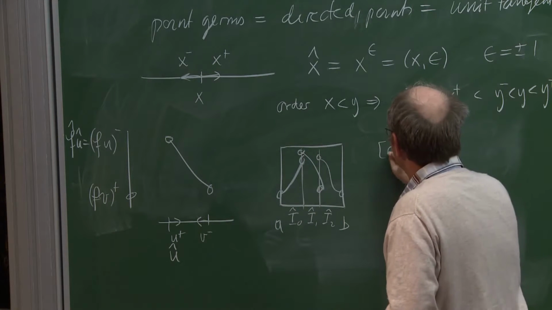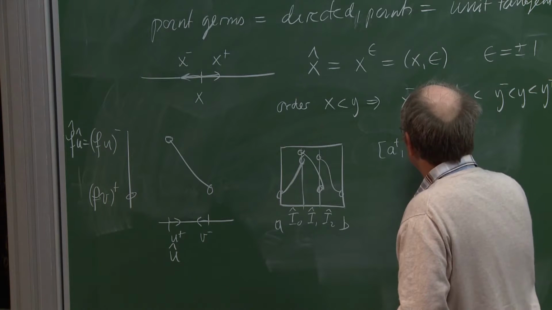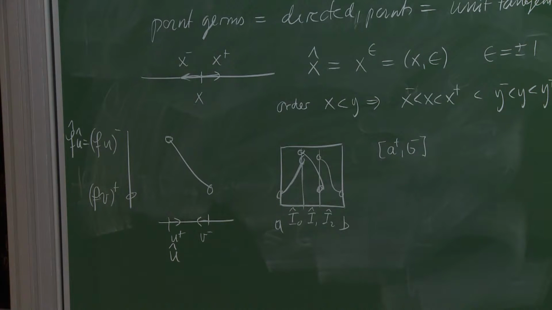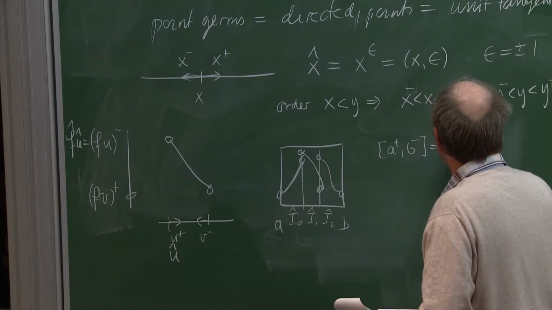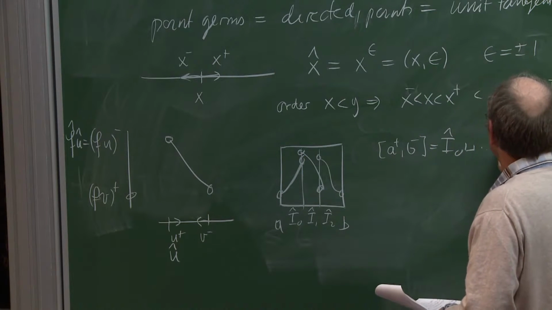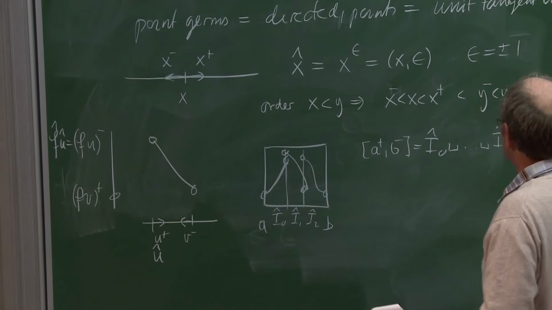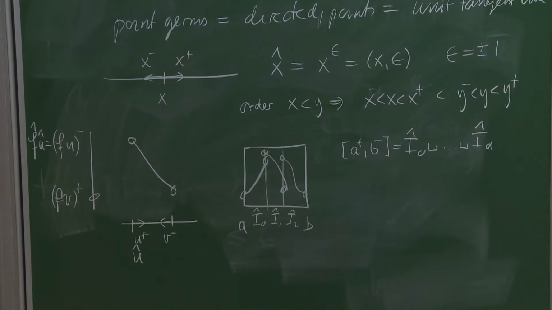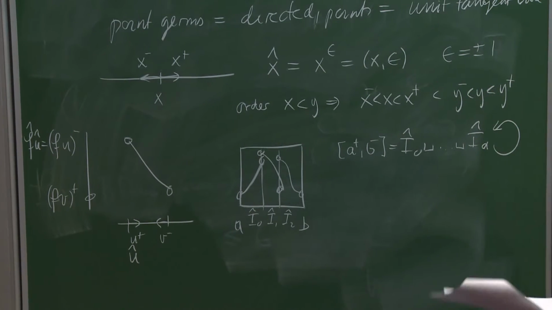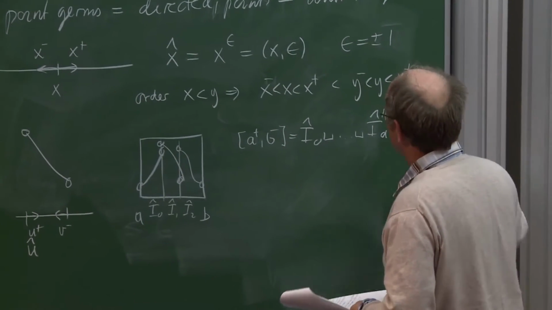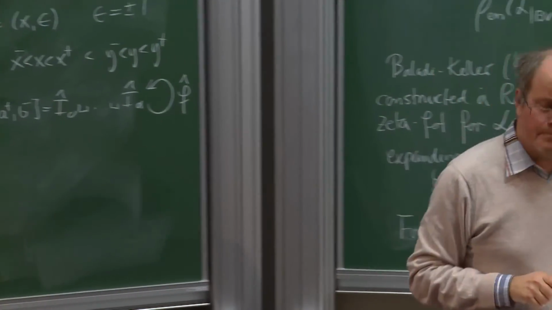You have the point germs from B plus to B minus, which are now simply partitioned into I0 hat, ID hat. Without exceptions. Exact. So now this is actually becoming a perfect partition. And the reason for doing this is precisely that the extended map here is actually defined everywhere now.